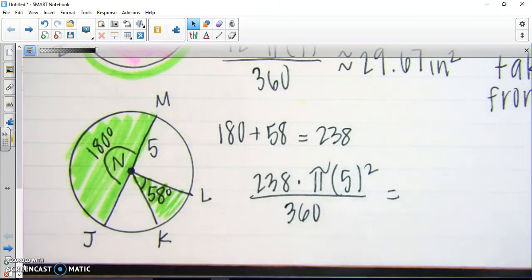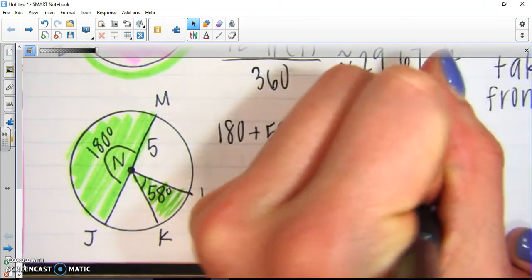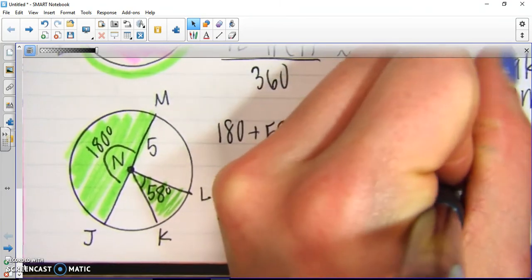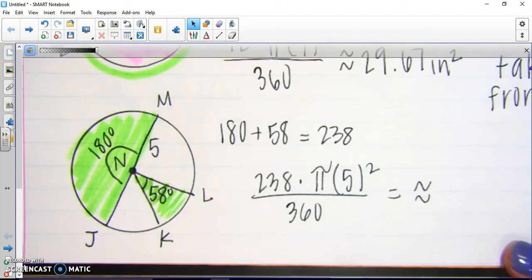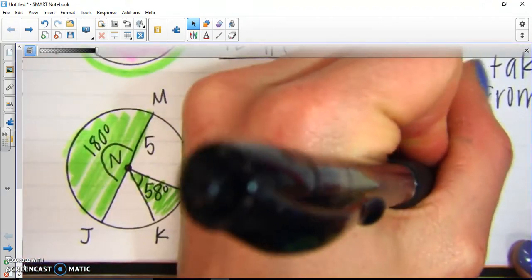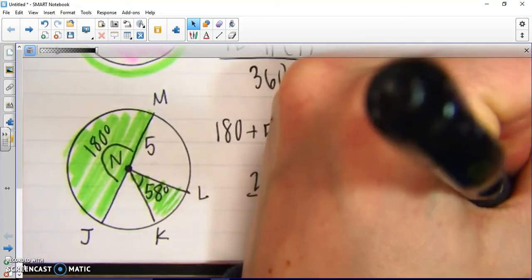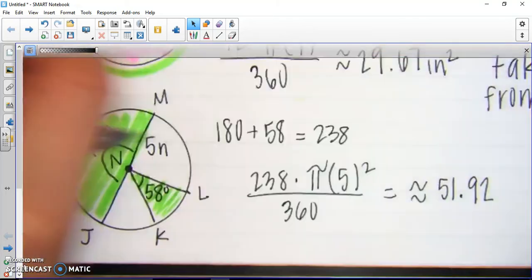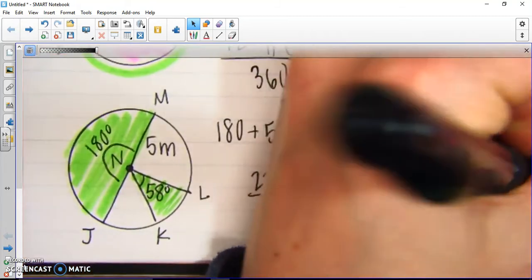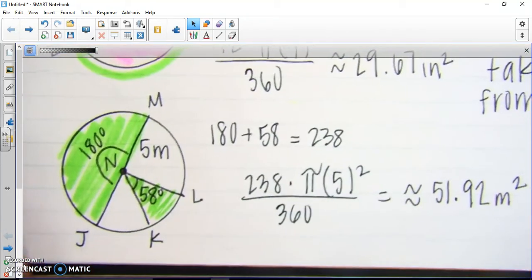So you can go ahead and try that. And we should get approximately the area of the entire shaded region, both this half and that little pizza slice, is going to be 51.92. Let's say it's meters squared, or square meters.